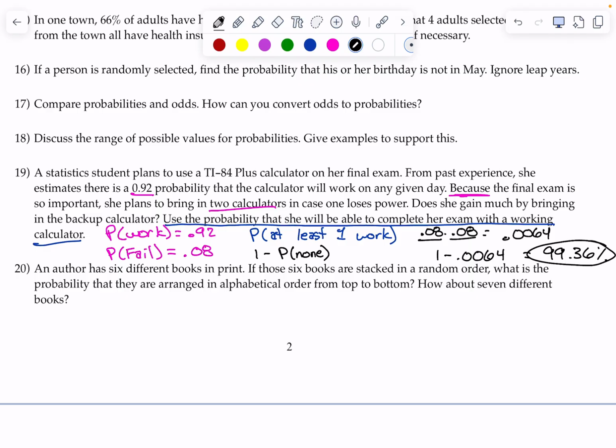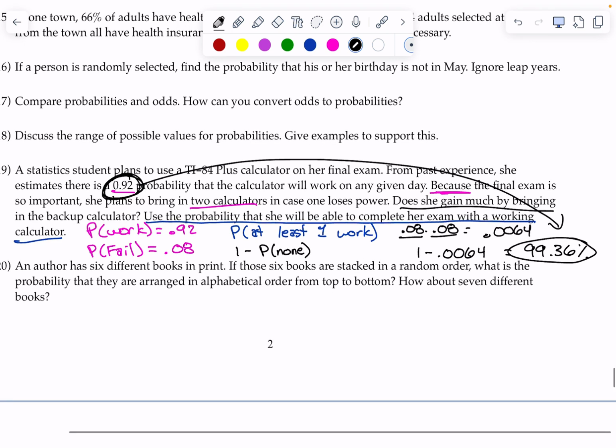So I go from 92% working to a 99.36% chance that at least one calculator will work. I would take the second one. That increases your chances a lot.